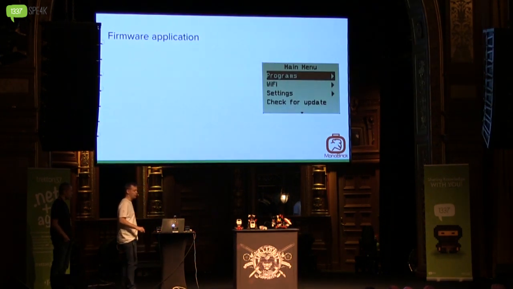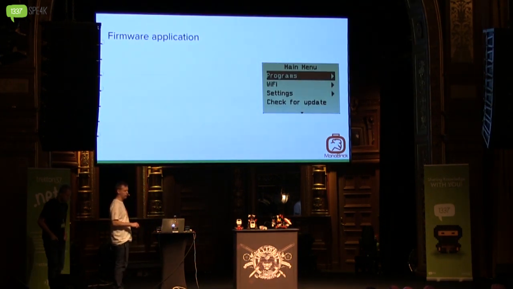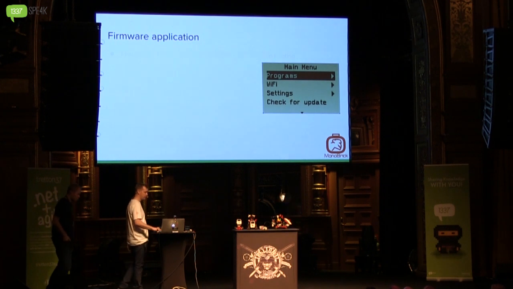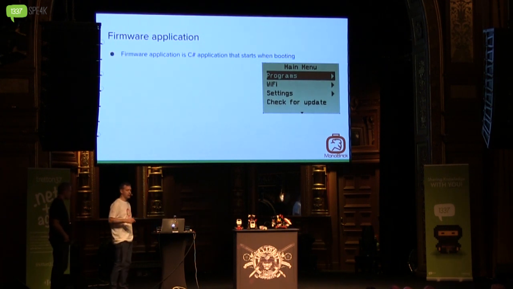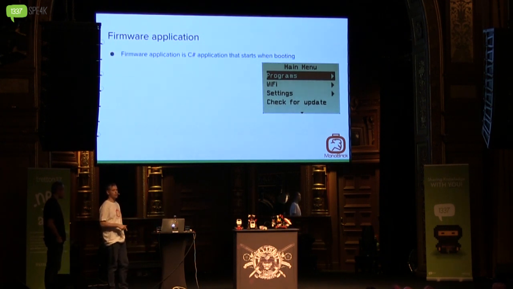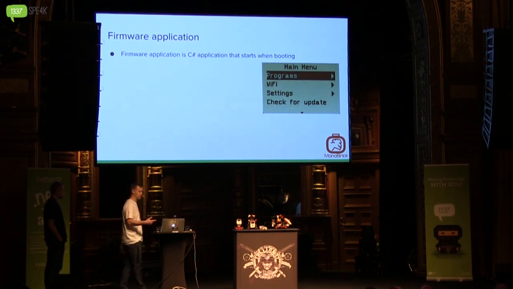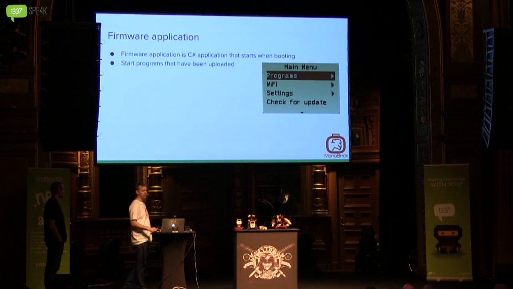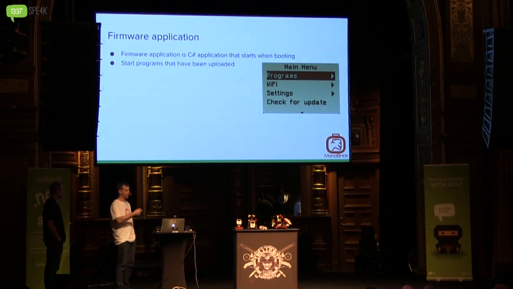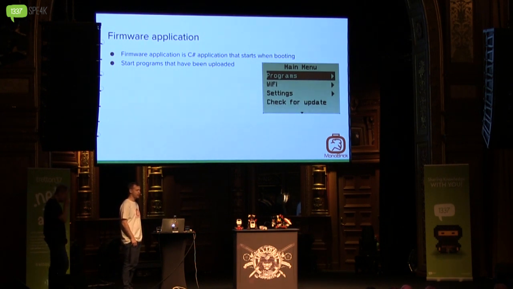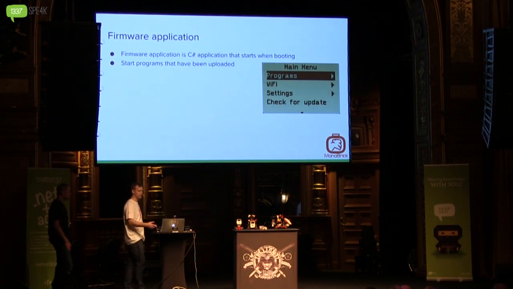But we also created what we call the firmware application, and the firmware application is a C# program that starts when you boot from our image. So with this program, you can use the buttons on the front of the EV3 to select some of the programs that have been uploaded to the brick and start them.